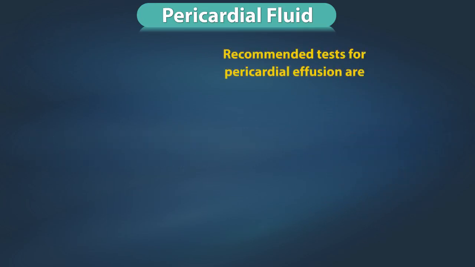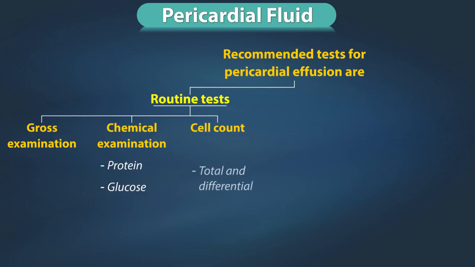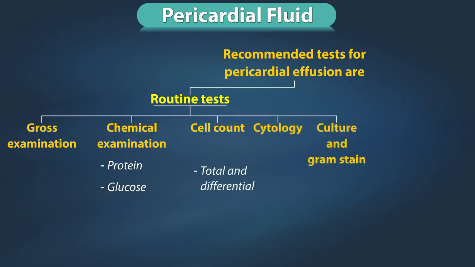Recommended tests for pericardial effusion are routine tests which include gross examination, chemical examination for protein and glucose, cell count which includes total and differential count, cytology, culture and Gram stain.